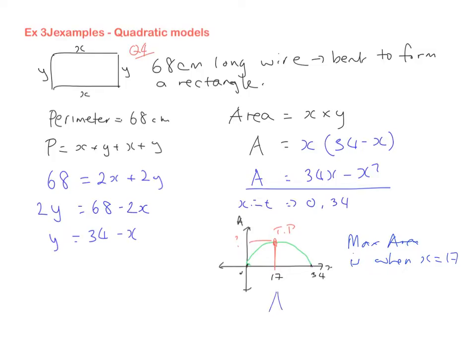I get my area equal to 34 times 17 minus 17 squared. Okay, so I'm subbing x equals 17 into this equation. When I calculate that out, I get my area equals 289 centimetres squared. So there we go.